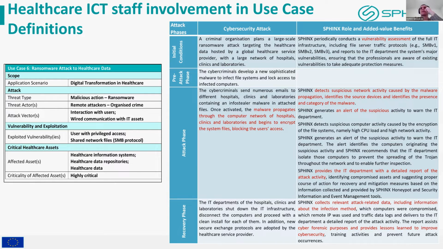And we had the luck to participate in the proper definition of what we would like to have from this SPHINX Toolkit. For example, as presented before, we have the vulnerability assessment tool that can be used during the initial conditions. And during the attack phase, there are several tools that can be used in order to identify the possibility of malware propagation and identify the source devices that were affected.